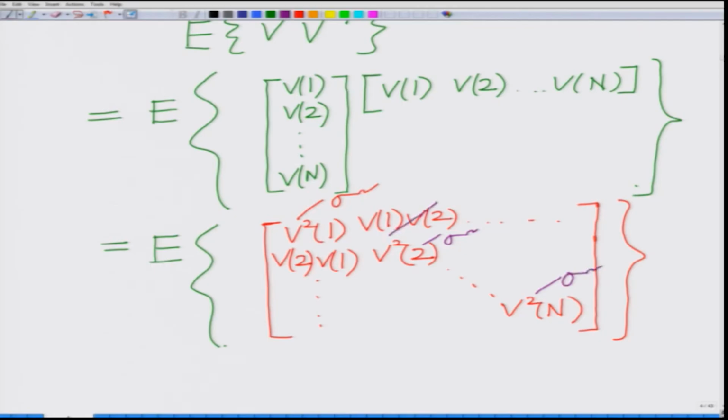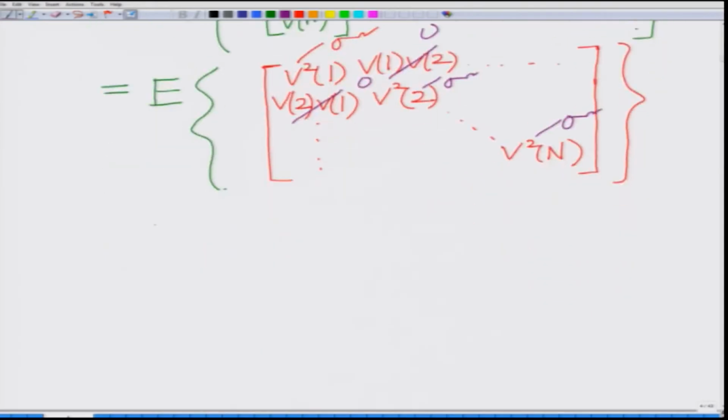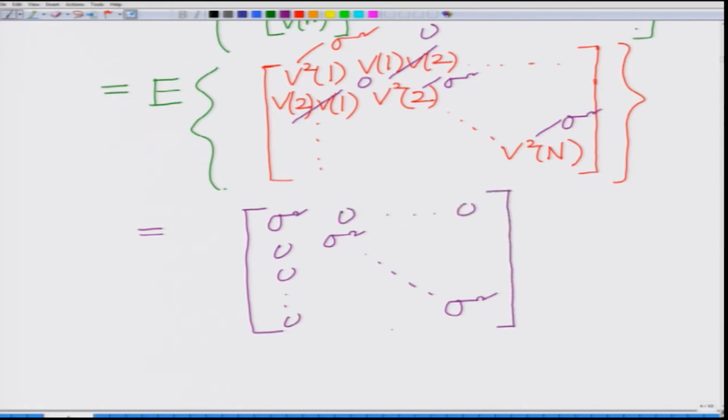All the off diagonal elements V1 V2 are 0, if you take the expectation operator inside. And therefore, what I have is the covariance matrix. If I look at this, that is sigma square, sigma square, sigma square, and the off diagonal elements are 0. So, basically this becomes sigma square times the identity, and more specifically times the n cross n identity matrix.